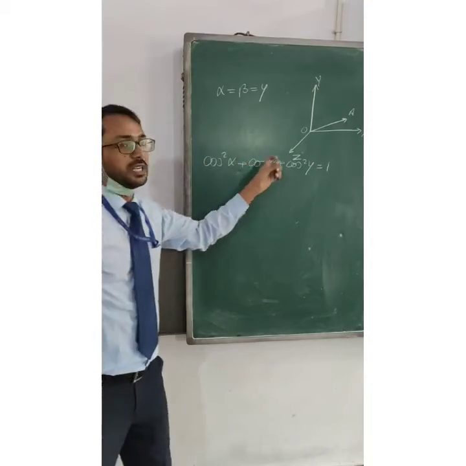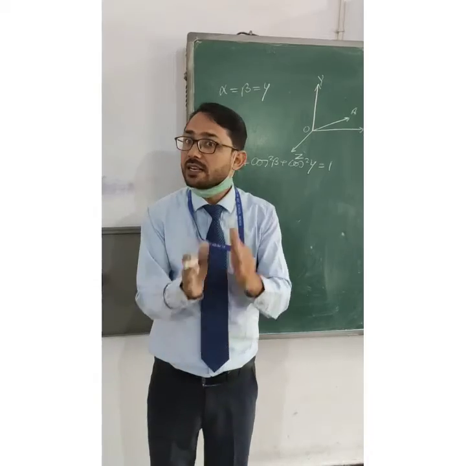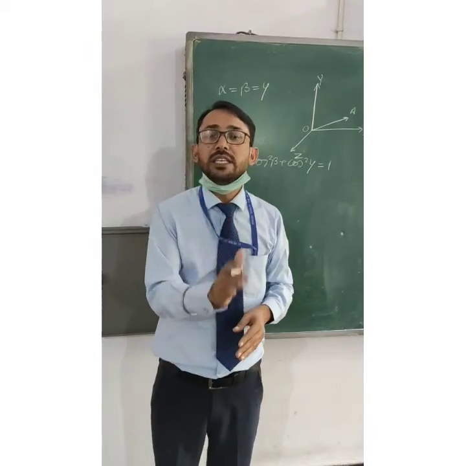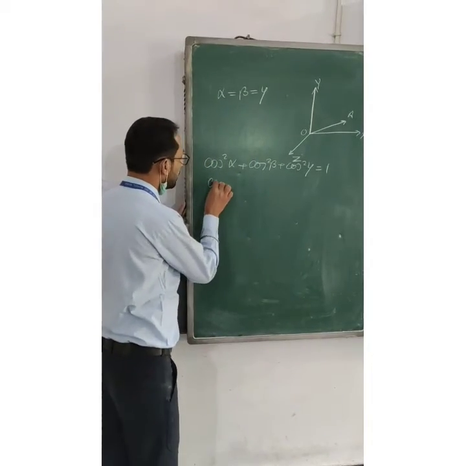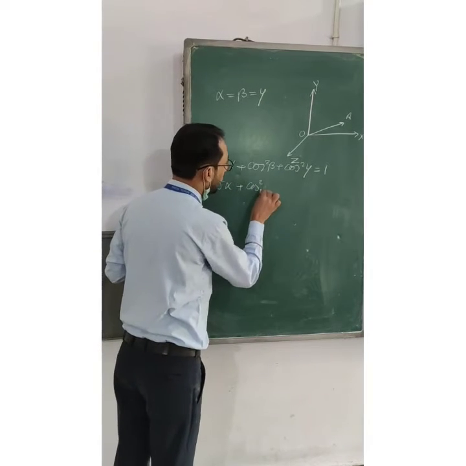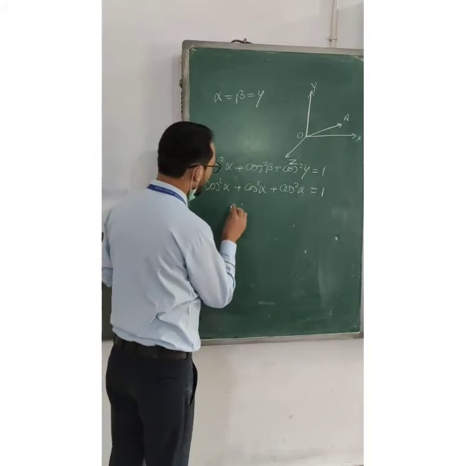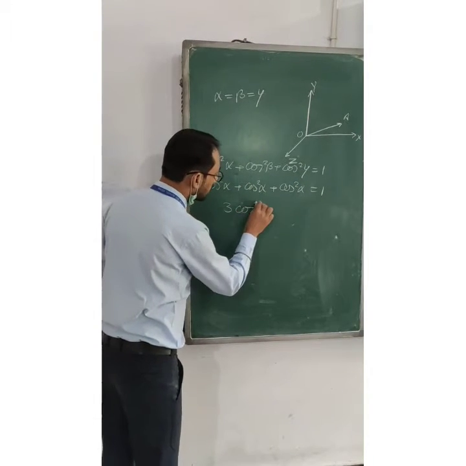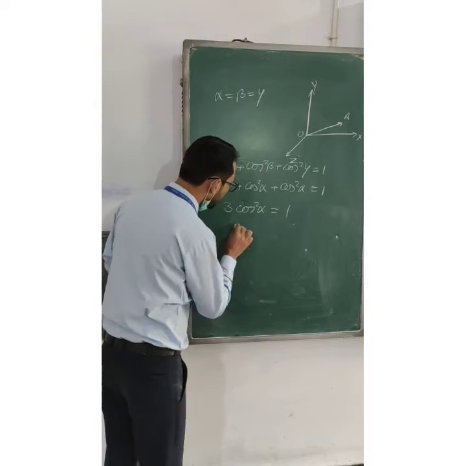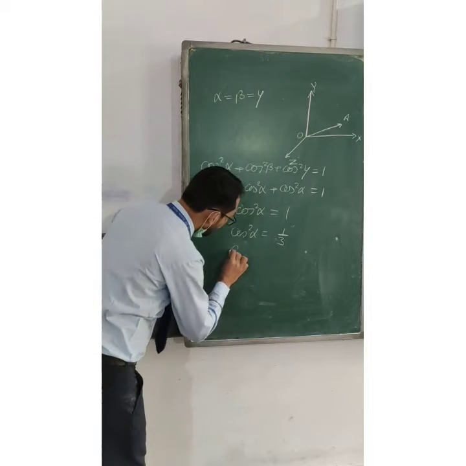Now alpha equals beta equals gamma, because it is said that the vector is inclined equally to all three axes. That is cos square alpha plus cos square alpha plus cos square alpha equals 1. I could write 3 cos square alpha equals 1. Cos square alpha equals 1 by 3.